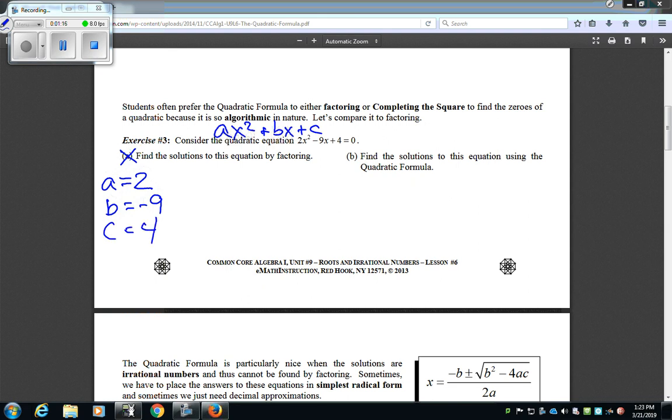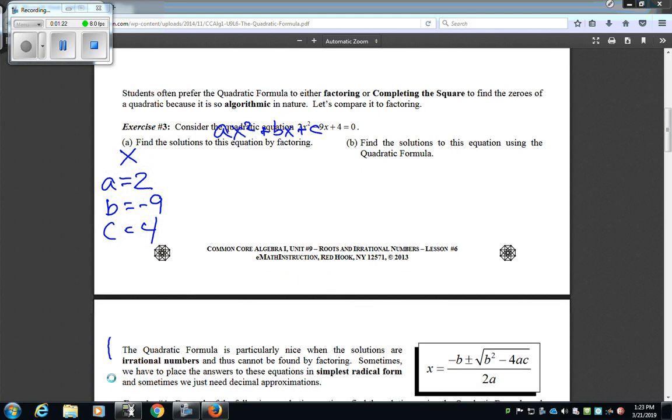So the formula itself, you can see it right here on the top of the next page. What we're going to do is take out all the A, B, and C values, and substitute the numbers that we have. So first step, I'm just going to substitute. So I have negative B, so I have a negative sign, and then B, which in this case is -9, and then a plus or minus, and we'll talk about what that means near the end.